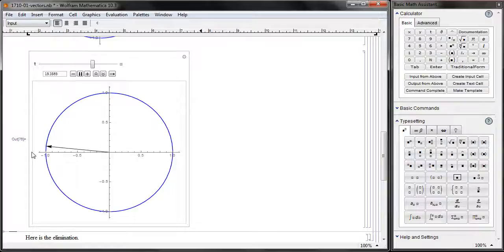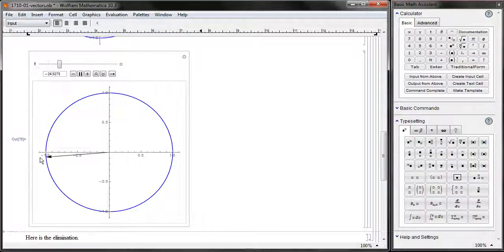The reason it looks like it is jumping is because this program is incomplete. Theoretically, it takes an infinite amount of time to precisely reach -1, 0, but nobody has an infinite amount of time, so I just cut it off. And then starting all the way past -1, 0. That's why it looks like we're going to have a jump here.